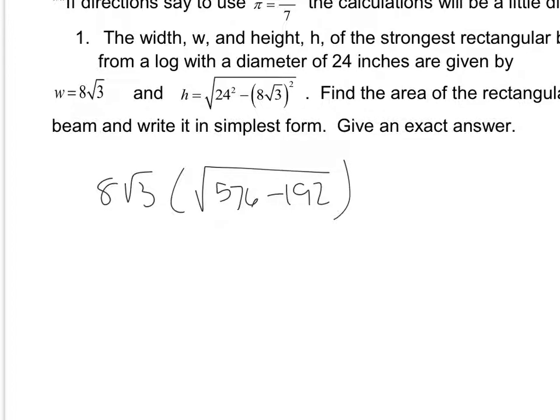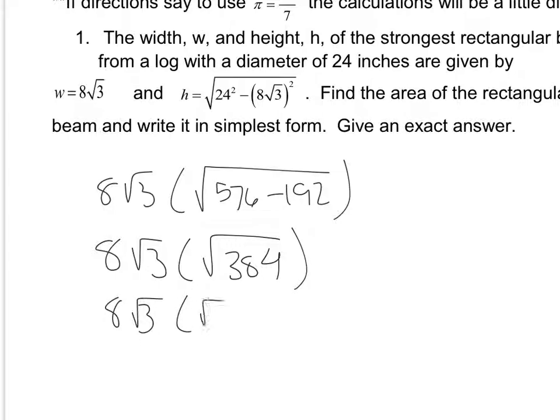So 576 minus 192, and they want the exact answer, so you get 8 square root of 3 times square root of 384. I'm going to try to simplify the 384 first. And you can change that to square root of 64 and square root of 6.